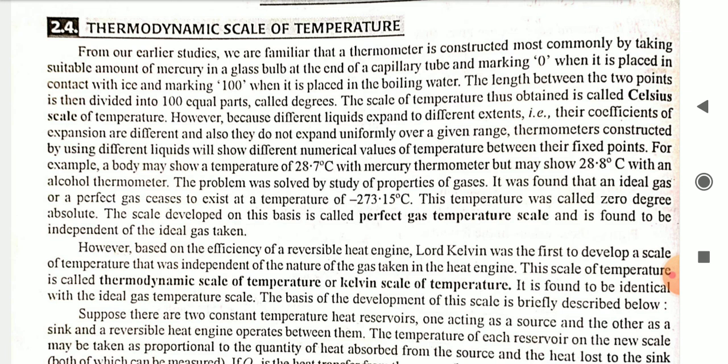However, based on the efficiency of a reversible heat engine, Lord Kelvin was first to develop a scale of temperature that was independent of the nature of any gas taken in a heat engine. The scale of temperature is called the thermodynamic scale of temperature or Kelvin scale of temperature. It is found to be identical with the ideal gas temperature scale. The basis of the development of this scale is briefly discussed below.